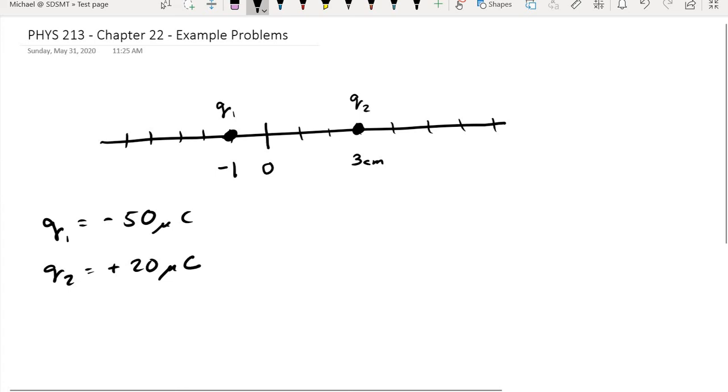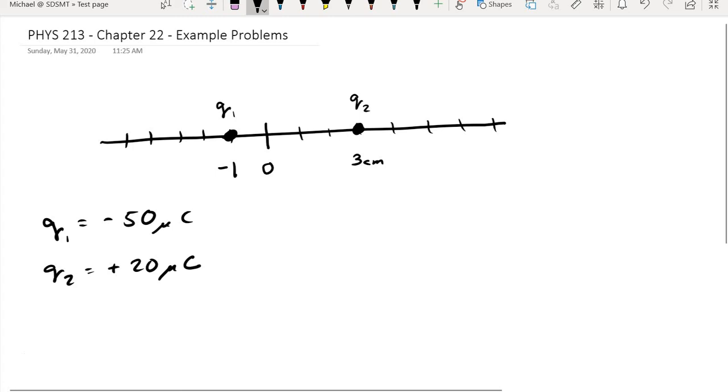Now there are plenty of things that we can ask about this kind of system. We could go back to chapter 21 and ask what kind of force there's going to be, if it's attractive, repulsive. But this is chapter 22, so we're more focused on the fields.